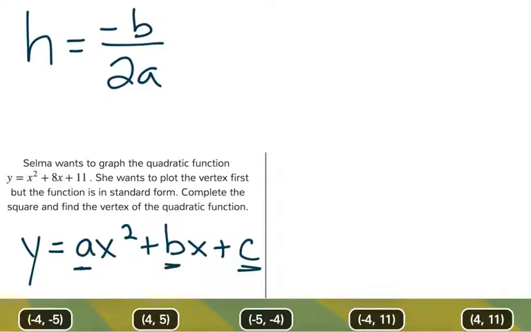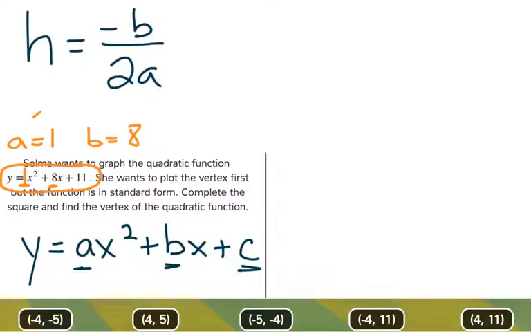Let's go ahead and do that now with our equation here, which is y equals x squared plus 8x plus 11. So right there, we're going to stop and look for the a and b. Well, there is no number in front of the x squared, so we're going to assume it's a 1. So a equals 1. And then there is a number in front of the x, it's an 8. So b equals 8.